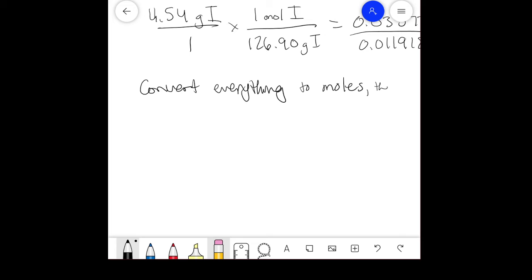And then divide the moles you got when you converted by the smallest value.